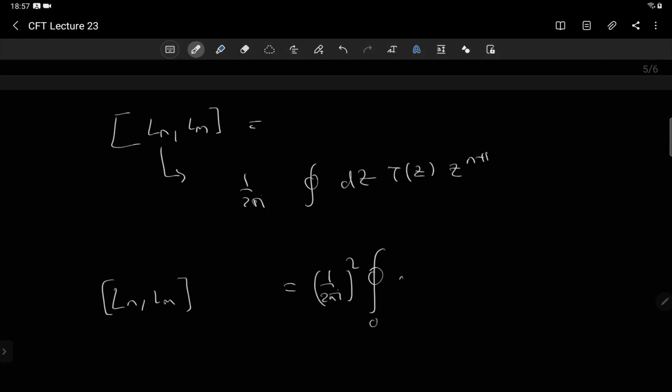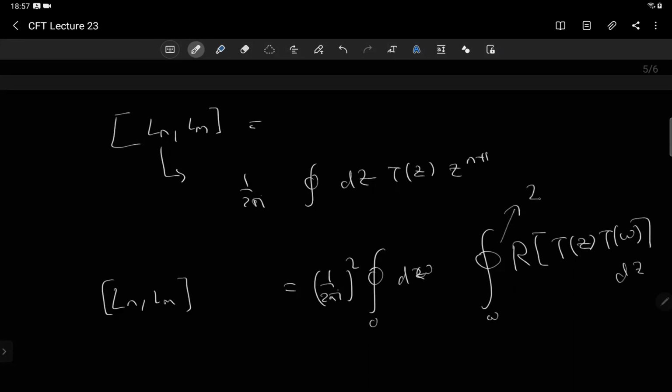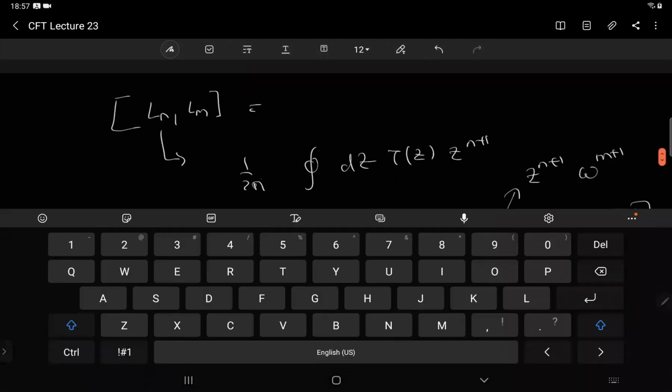One is around the origin, dz, and another around omega, d omega, and this will be the radial ordered product of T(z) T(omega), times z to the n plus 1 times omega to the power m plus 1. So this is what we will have.